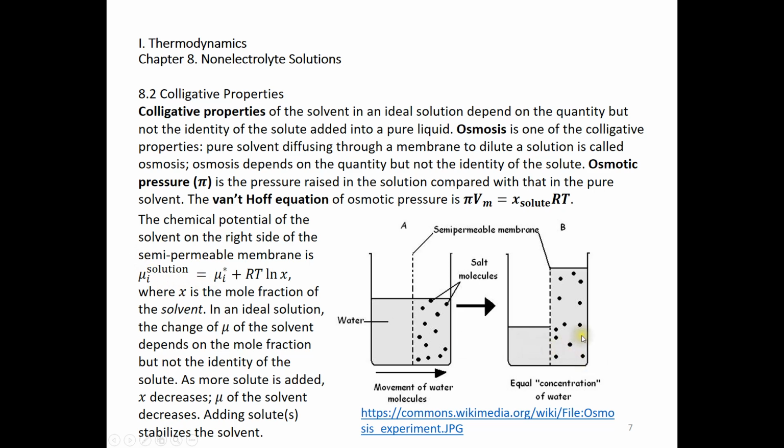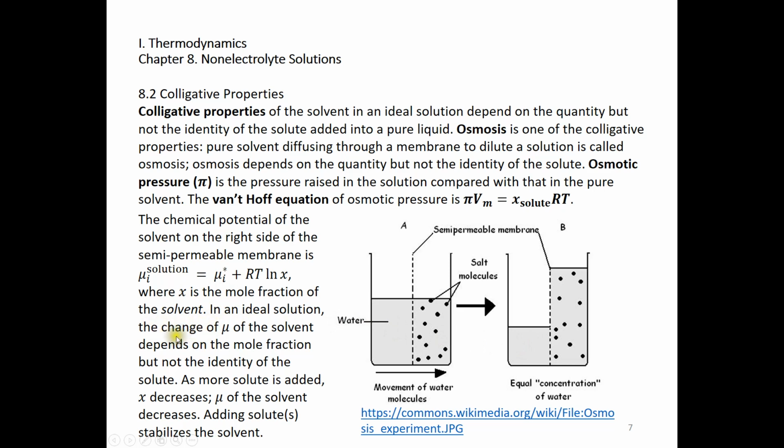So again, on the right hand side we have the mole fraction of water less than 1, and that's why the chemical potential of water on the right hand side is less than the left hand side. Again, X is the mole fraction of the solvent.